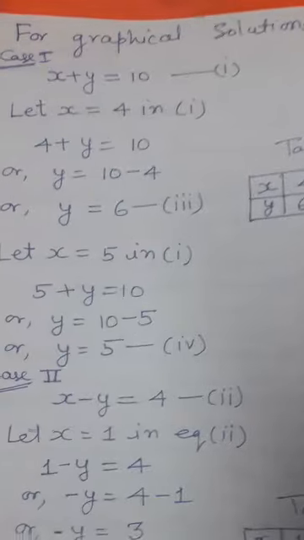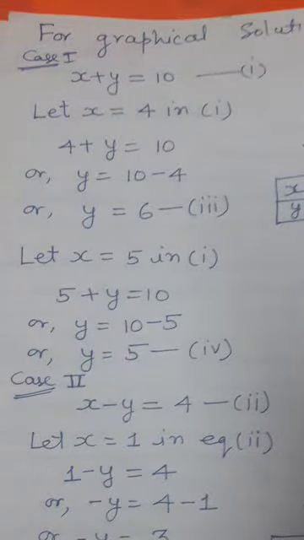See, the first equation is x plus y is equal to 10. We will choose the value of x as per our wish. But always remember that we should take a value of x which is easy to plot on the graph, and if it is an integer or whole number, it is easy for us. So we have taken the value of x as 4 and we are putting it in equation number 1.